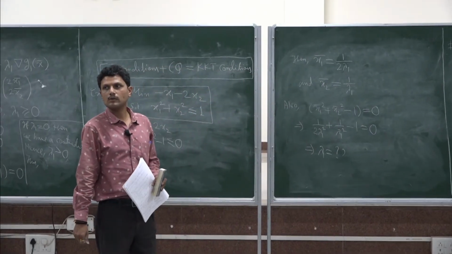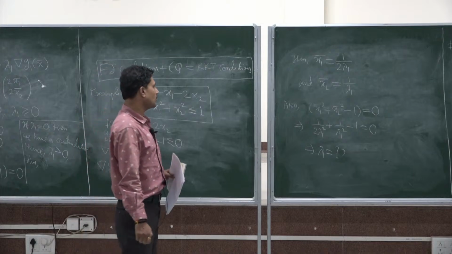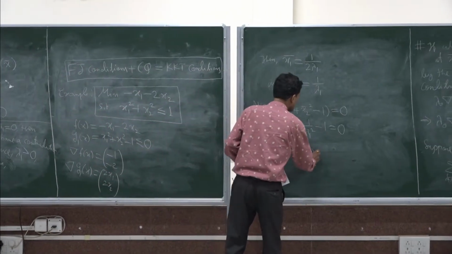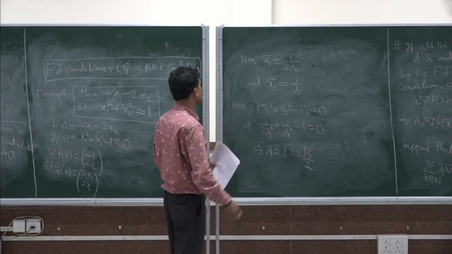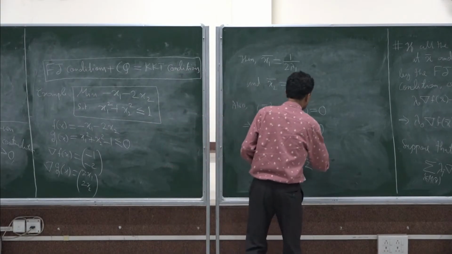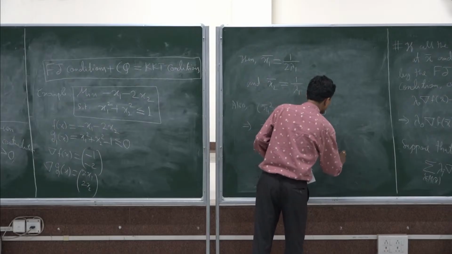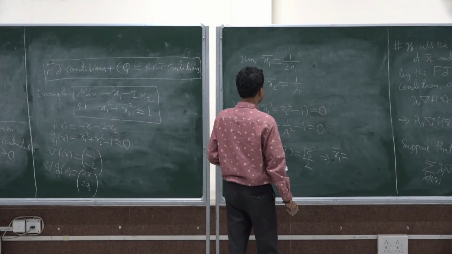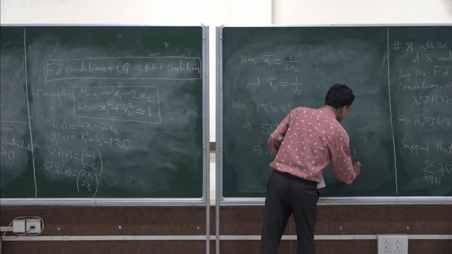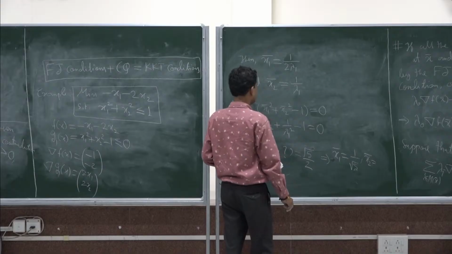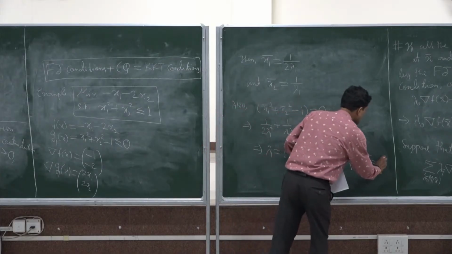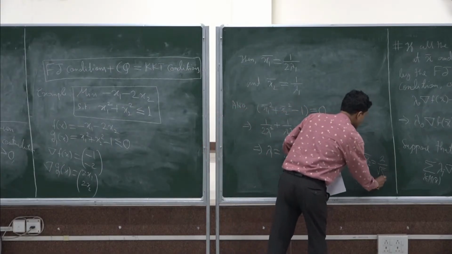Root 5 by 2. So if lambda 1 is root 5 by 2, you have the values of x1 bar and x2 bar. That gives you x1 bar as 1 upon root 5 and x2 bar as 2 by root 5, right.